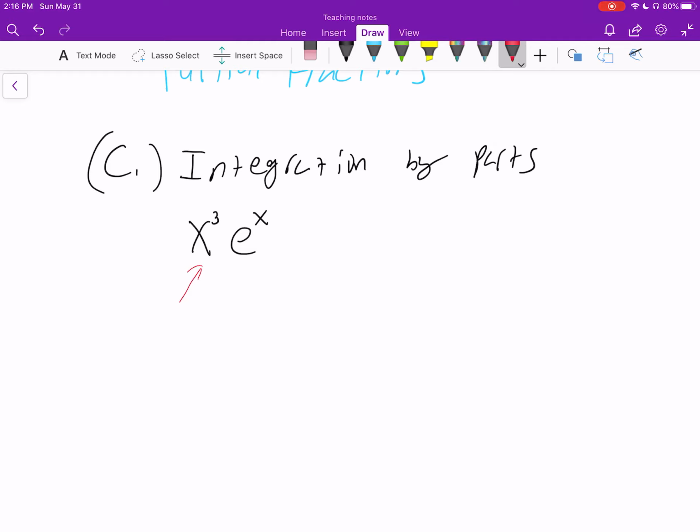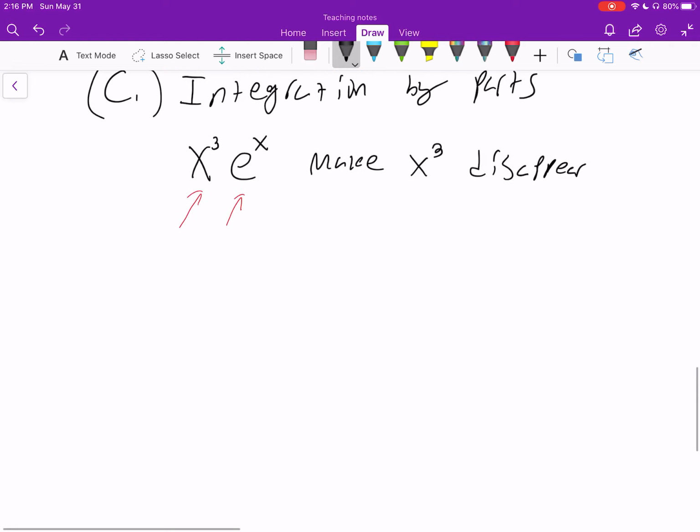If I differentiate it 4 times, then it becomes 0. And I can integrate e to the x however many times I want. It's not hard. And so this is a good problem for integration by parts because I can make x cubed disappear by differentiating it 4 times. And that's what integration by parts is. It lets you differentiate one thing, integrate another thing, and you can do it as many times as you want. So that's one of the things that you're looking for.